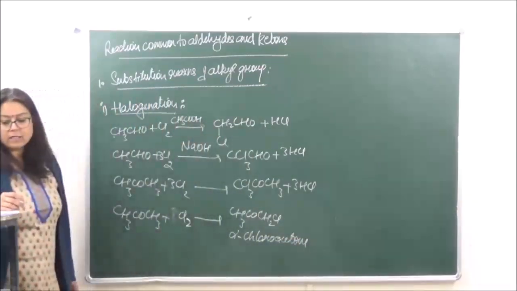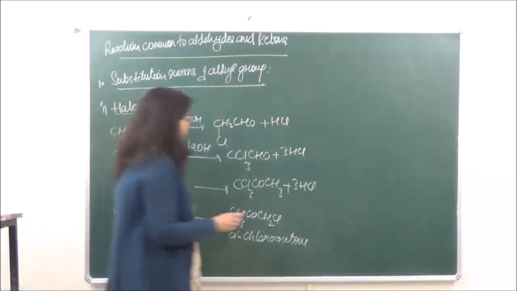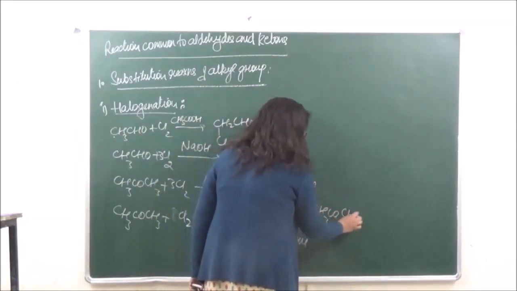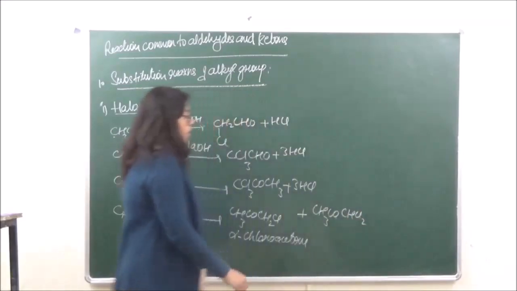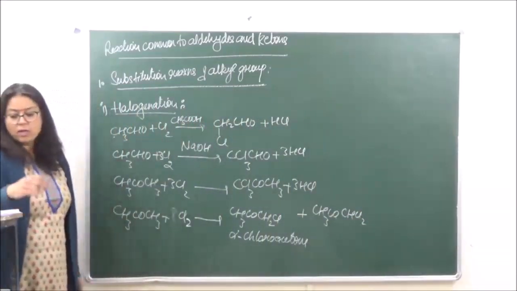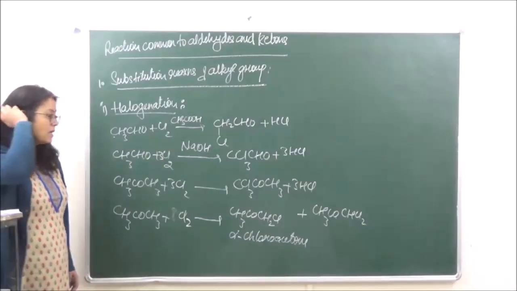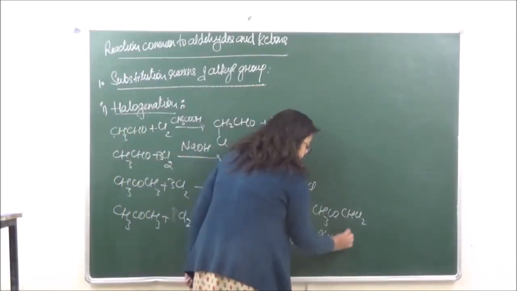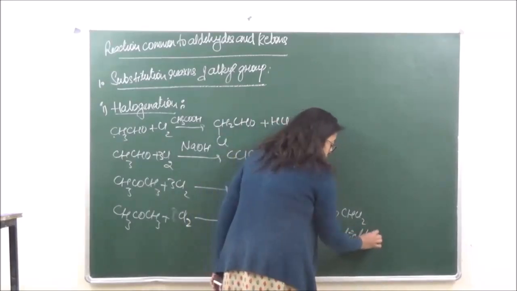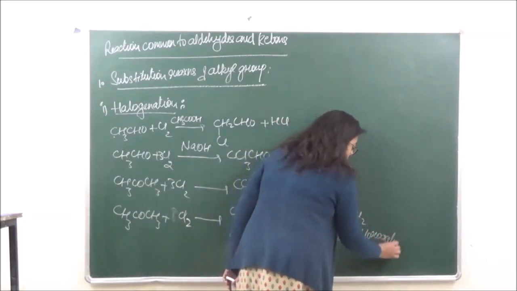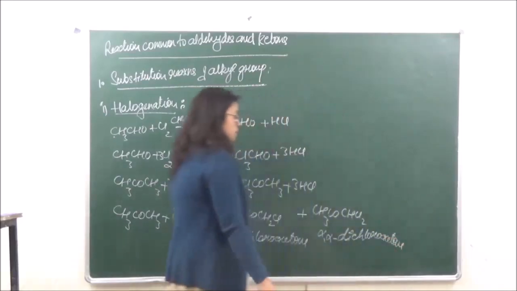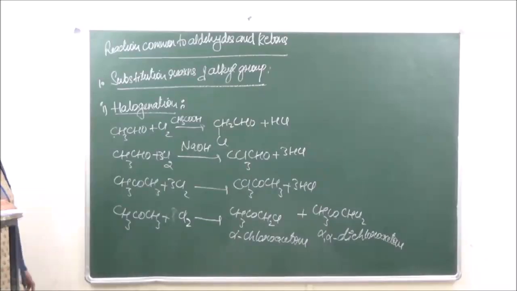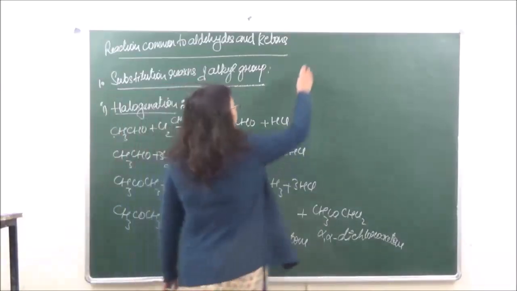And if both the chlorines are substituted, that is another kind of product we can get: CH3COCHCl2. This is known as alpha dichloroacetone.